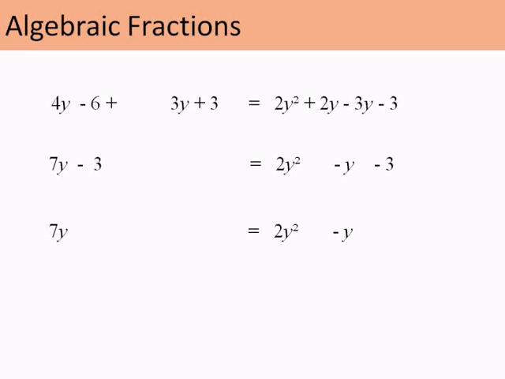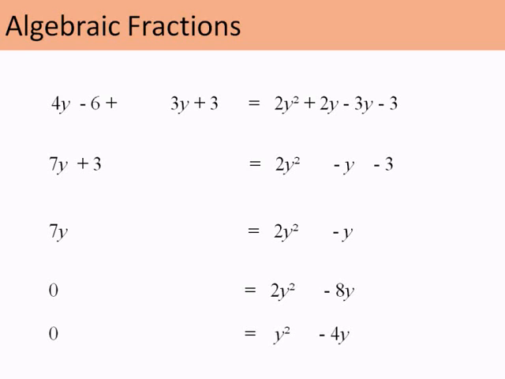And if I add 3 to both sides, then the 3s disappear both sides. And then if I take away 7y from both sides, I get 2y squared minus 8y equal to 0.